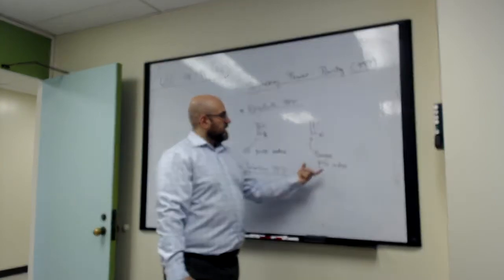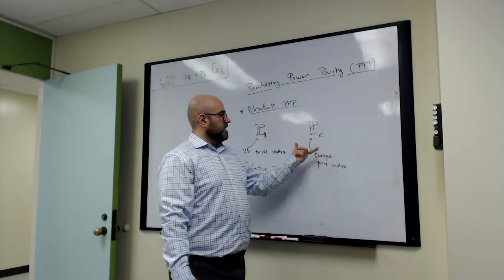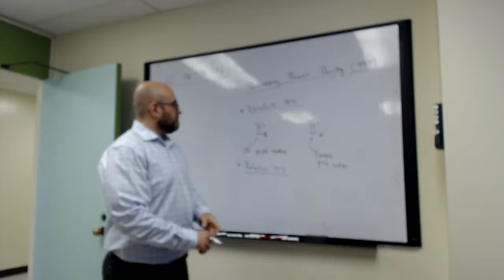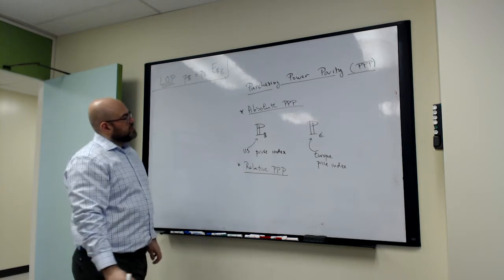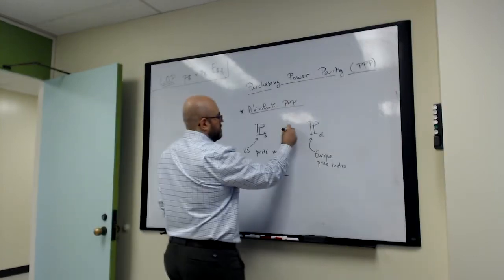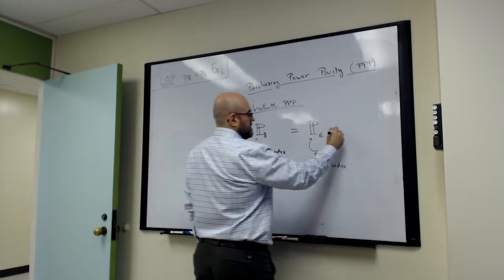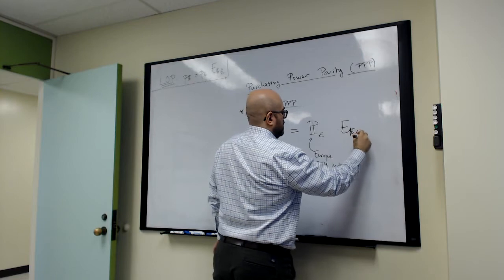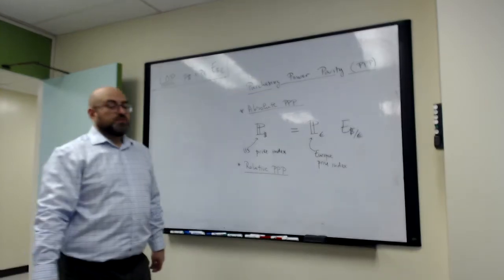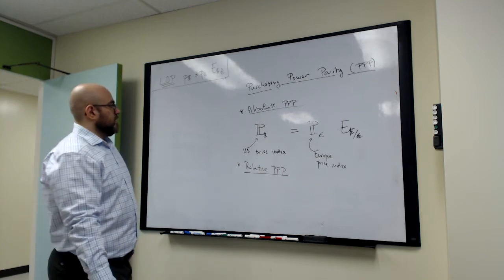And then it may take 150 euros to buy the same basket in Europe. What purchasing power parity says is that when these price indices are expressed in the same currency, then the cost of living should be the same everywhere when expressed in dollars.